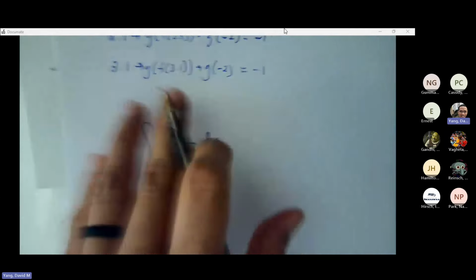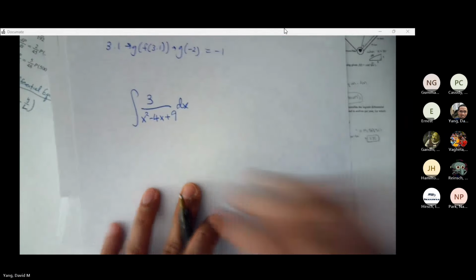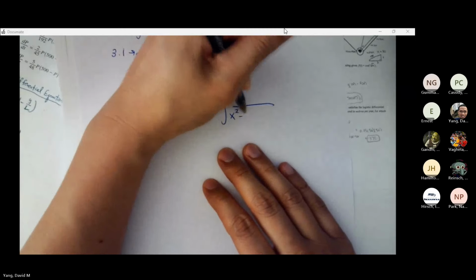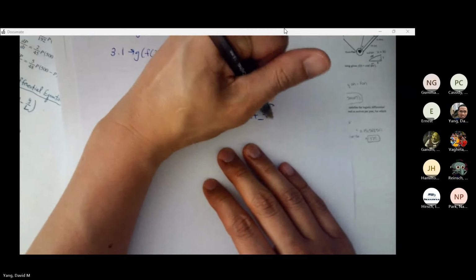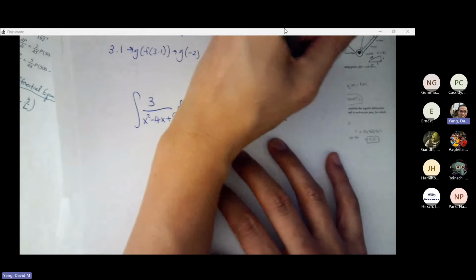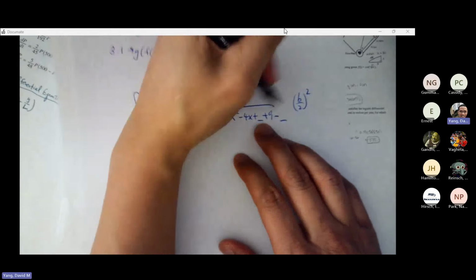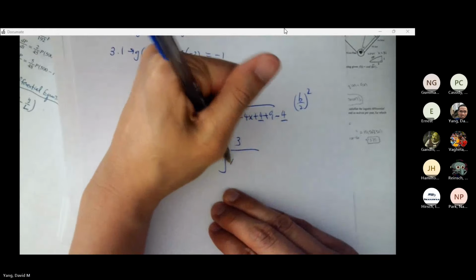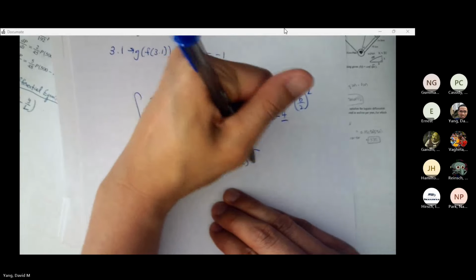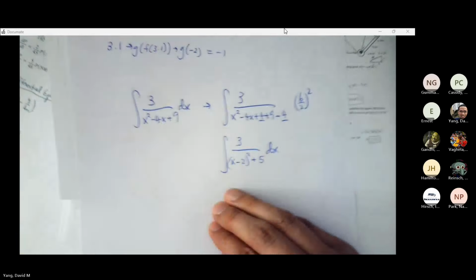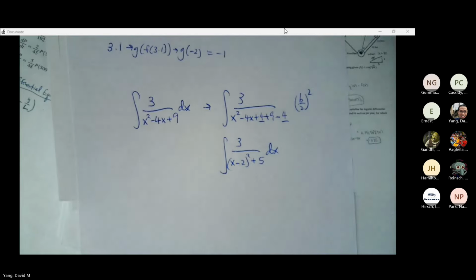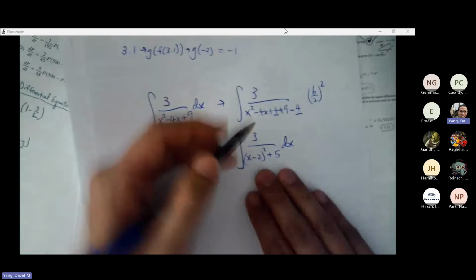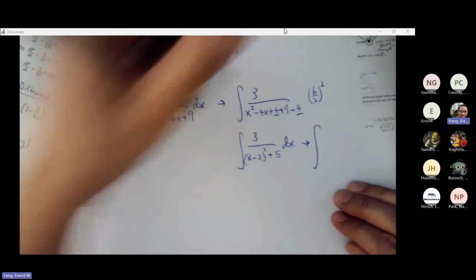Okay, so this one here. We know what goes in there is b over 2 squared. 4 over 2 is 2. 2 squared is 4. Okay, so we're trying to get this to fit into our integral rule here.